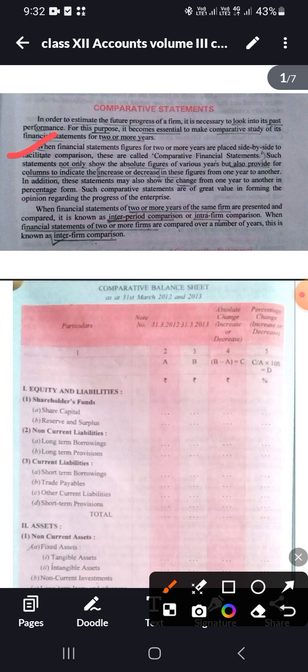When financial statement figures for two or more years are placed side by side to facilitate comparison, these are called comparative financial statements.